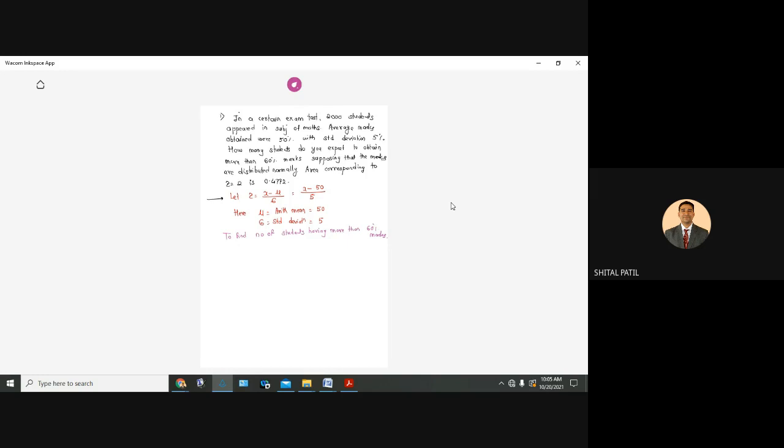So x equal to 60. So z equal to x minus 50 divided by 5, which implies z1 equal to 2.